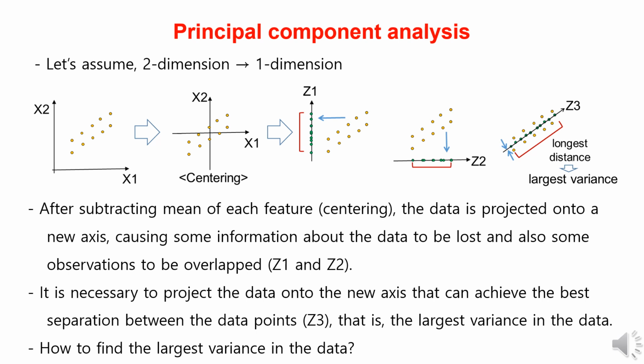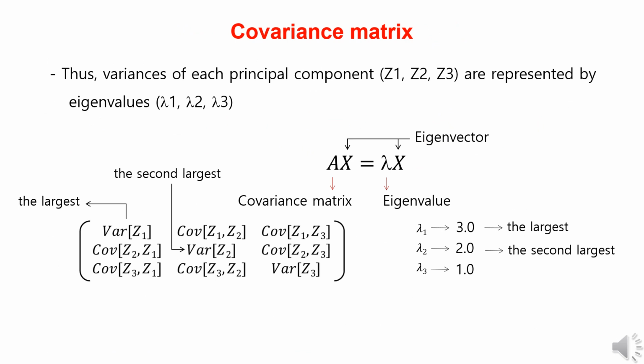In the previous slide, we discussed how in PCA, we aim to find the axis that results in the broadest distribution of projected data points, where they do not overlap with each other. In other words, we want to find the axis with the largest variance in the data. As the eigenvalues increase, the length of the corresponding eigenvectors also increases.